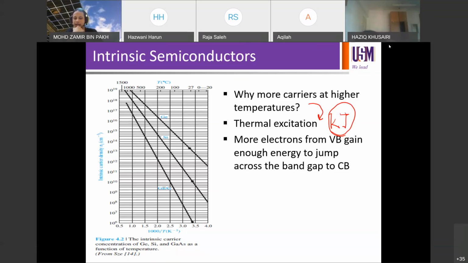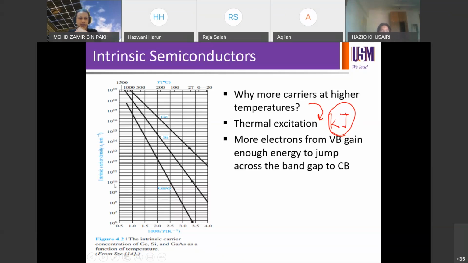Therefore, you'll get more free electrons, or more electron hole pairs created. So more electrons from the VB gain enough energy from the KT, the thermal energy, to jump across the band gap.